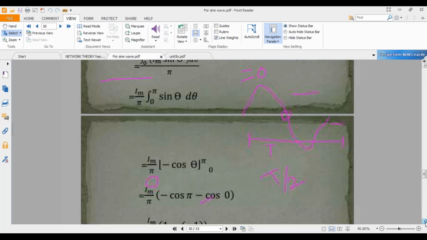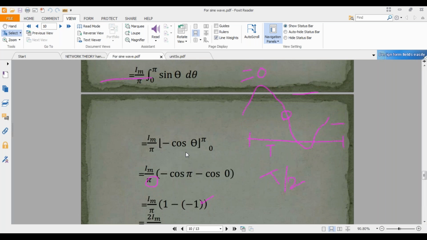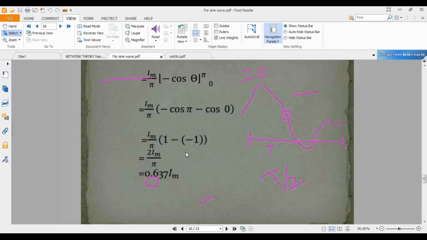Sin theta integrates to minus cos theta, and substituting the limits 0 to pi, we get V average of a sinusoidal waveform is equal to 0.637 times its peak value, or V average is equal to 2 Im by pi.